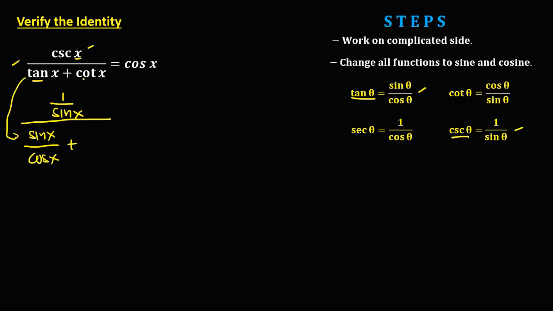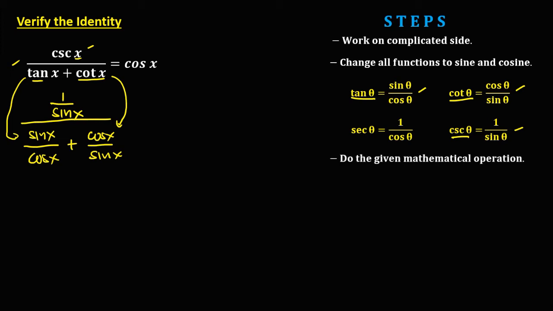Then plus, for this cotangent, since cotangent is equal to cosine over sine, this cotangent becomes cosine x over sine x. So observe that all the functions are sine and cosine.